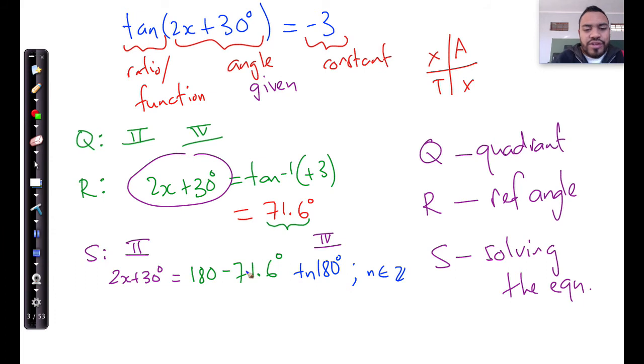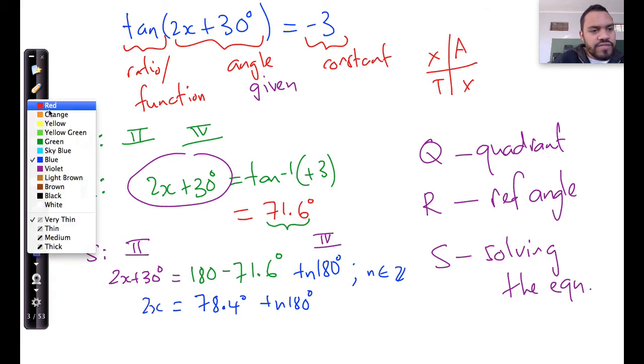So now you can go ahead and solve for x. Subtract 30 from both sides. It's going to be 180 minus 30 minus 71.6, which gives you 78.4 degrees, plus n times 180 degrees. And that's the value of 2x.